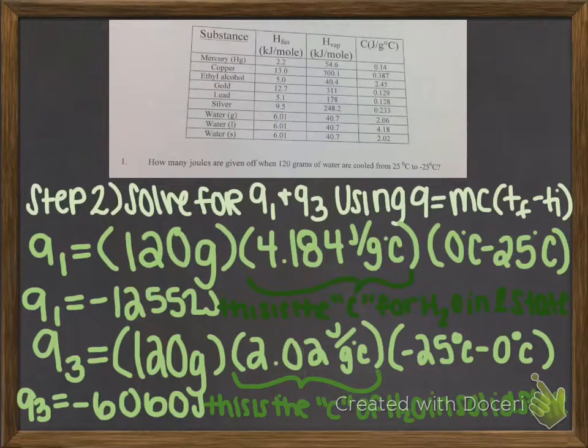The final temperature of Q3 is negative 25 degrees Celsius, and the initial temperature is 0 degrees Celsius. When we plug that in, we get negative 6,060 joules. Once again, we don't want to convert that since the problem asks for joules.